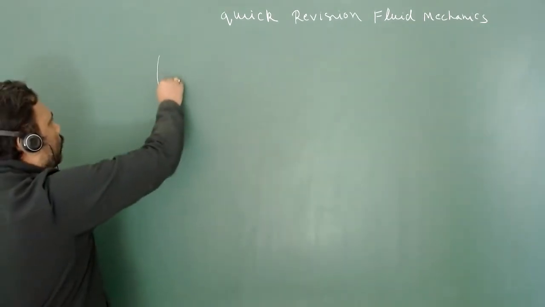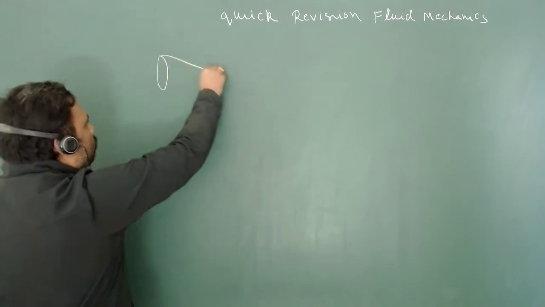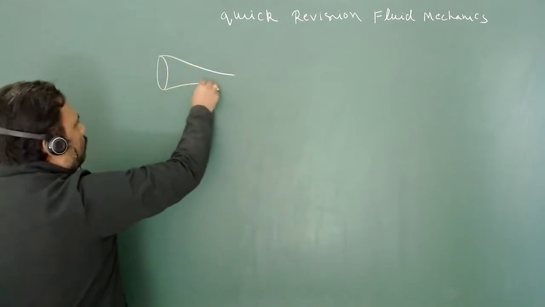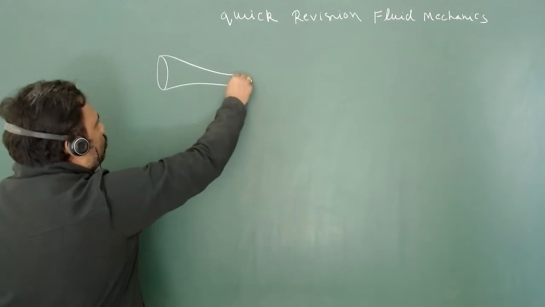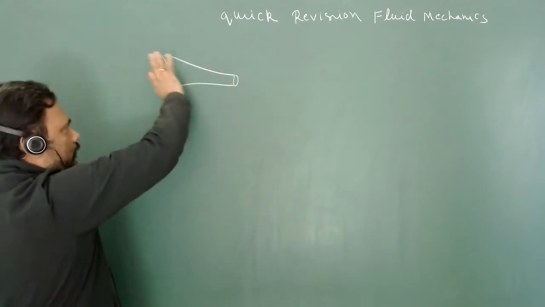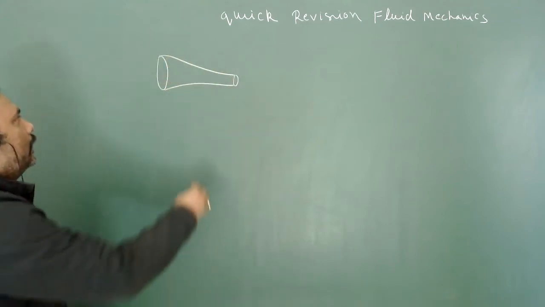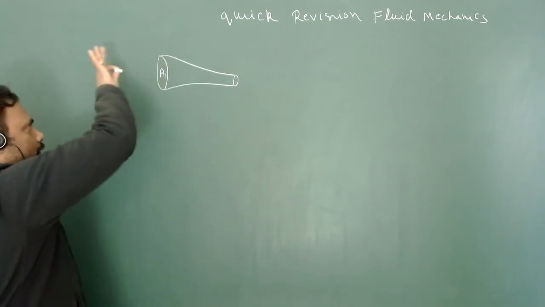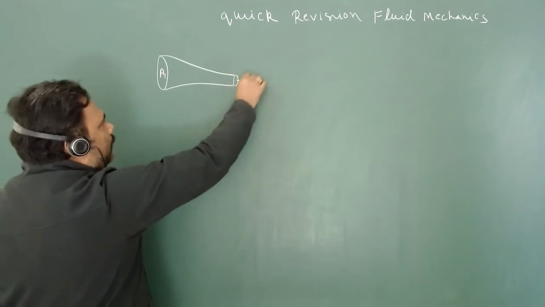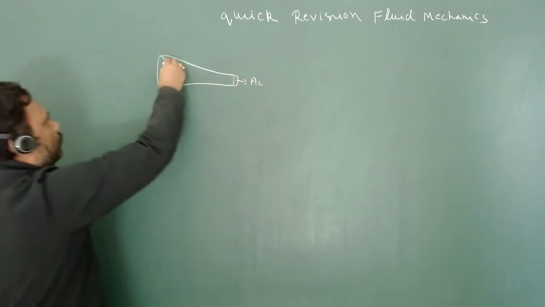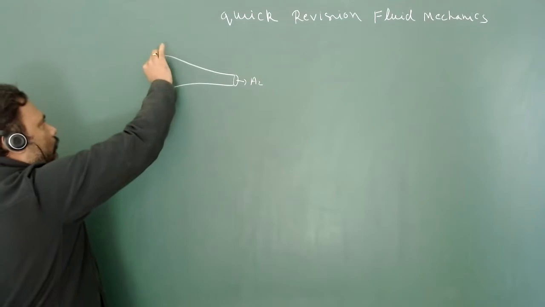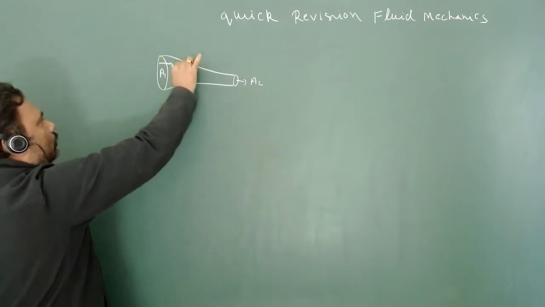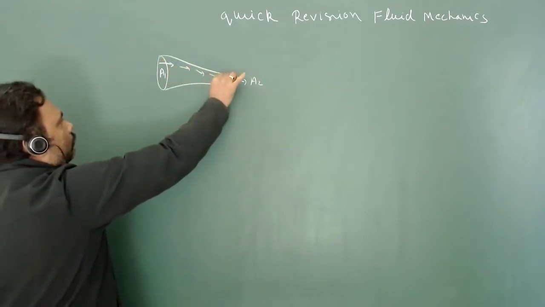We have one tube, and this tube is very smooth and there is no turbulence, so the flow is smooth, streamline flow. Suppose we have a cross-section area A1 and here is area A2, and the fluid is flowing.